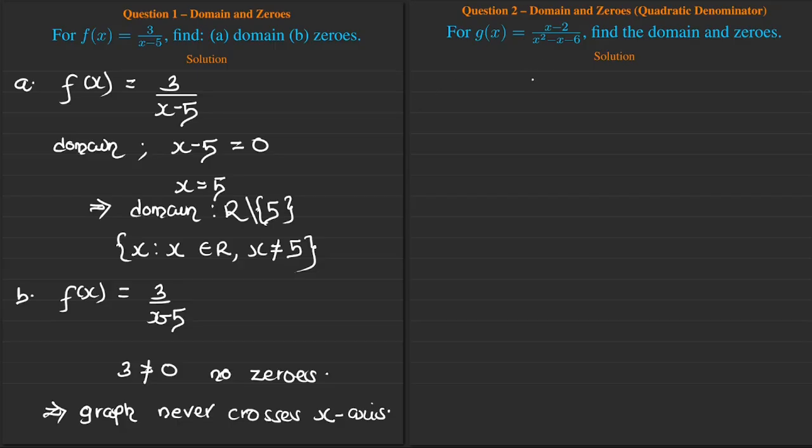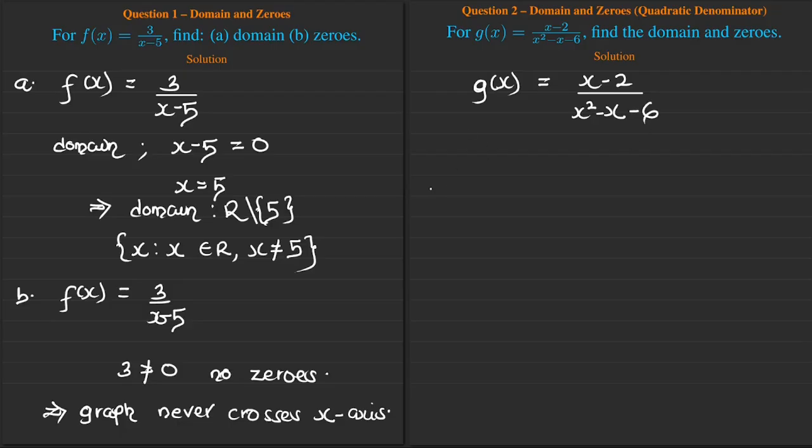So for our second example, it says you have to find the domain and zeros of the function g of x equals x minus 2 all over x squared minus x minus 6.